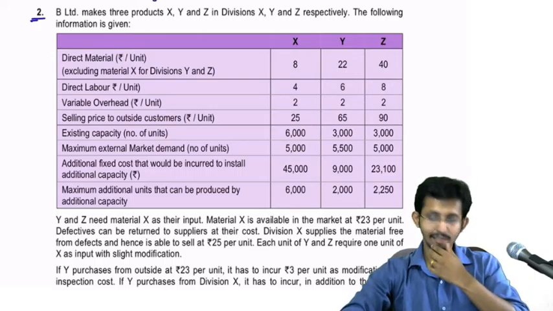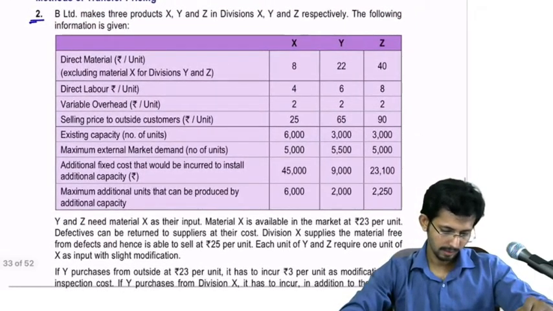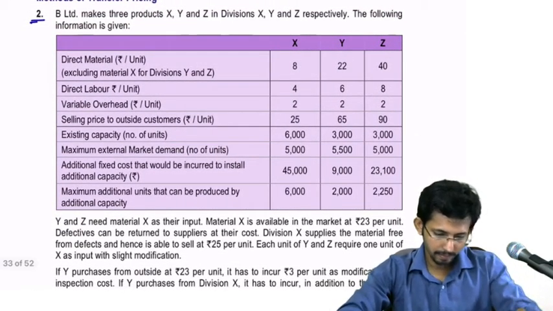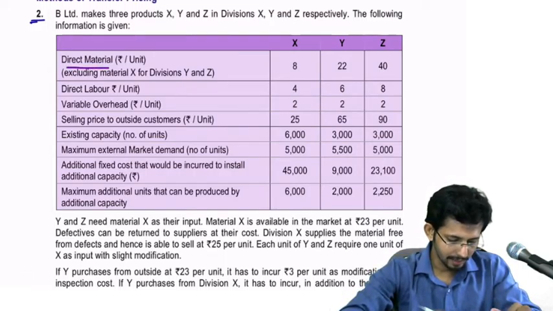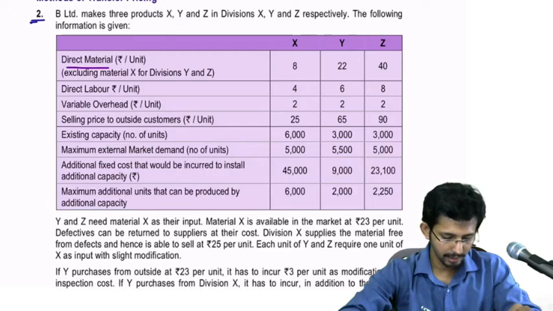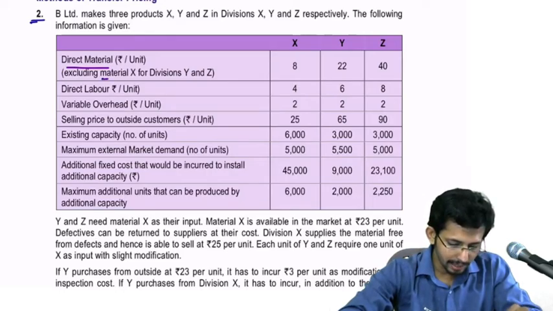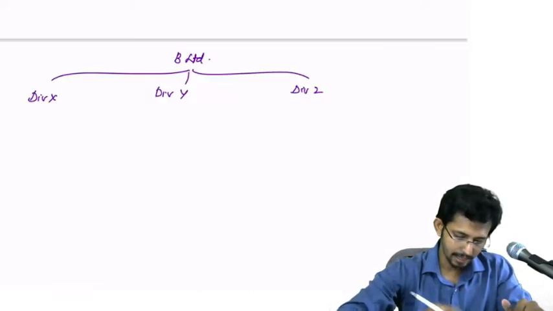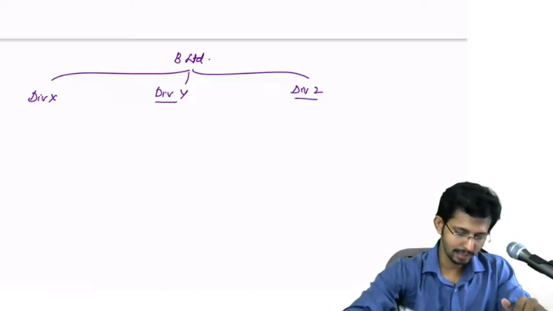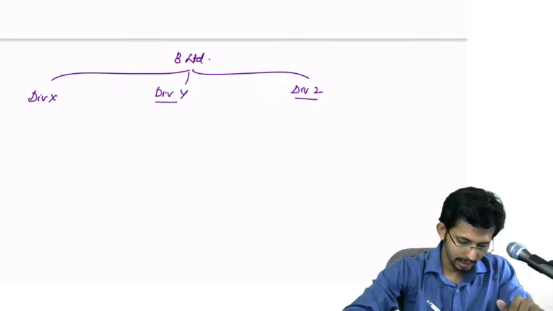Okay, then the following information is given. Direct material. Here there is a catch. Excluding material X for division Y and Z means what? It means that division Y and Z require what? The X. Who produces X?